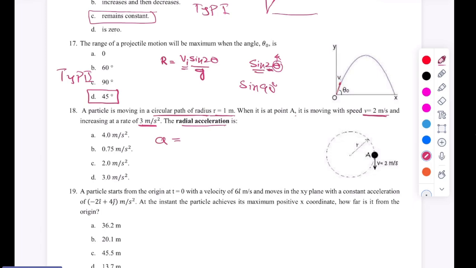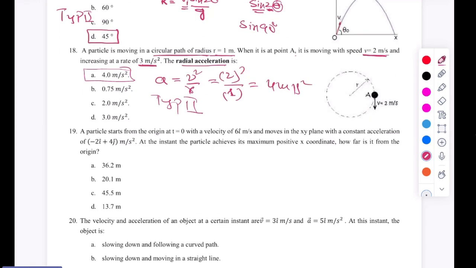The radial acceleration is nothing but v squared over r. Here v is 2 and r is 1, so just substitute the values. We will get 4 meters per second squared. So the radial acceleration is 4 meters per second squared. This is a type 2 question. Next question.